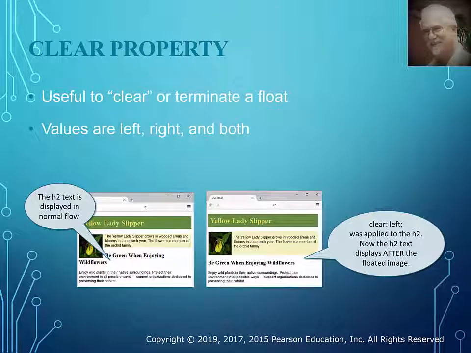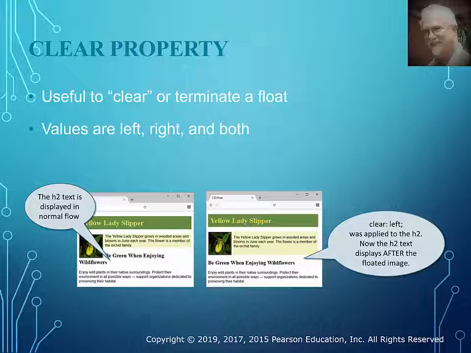Clear property, excellent thing. You just want to make sure that, again, the text probably is below a particular box or thing. I think here this is done on a break. Clearly, no, I'm sorry, it's done to the H2. So the thing is, you don't want anything to continue on to the right.